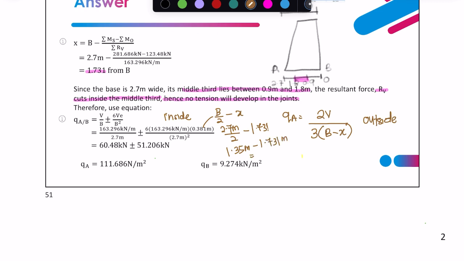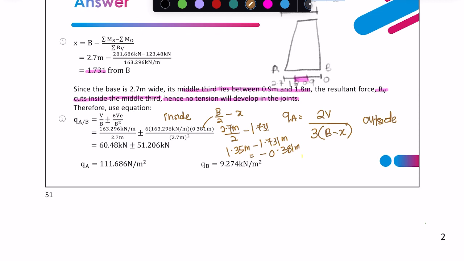You akan dapat jawapan dia value negatif 0.381 meter. Okay, tak perlu letak negatif ni ya. Ignore it because this is distance. Distance negative tu tak ada makna ya. So you masukkan the eccentricity yang kita dah kira di sini and divide with the B square which is 2.7 square. Solvekan according to this and another one.